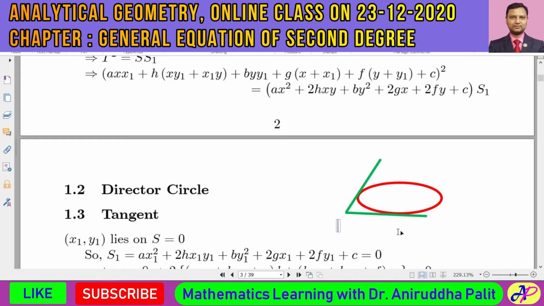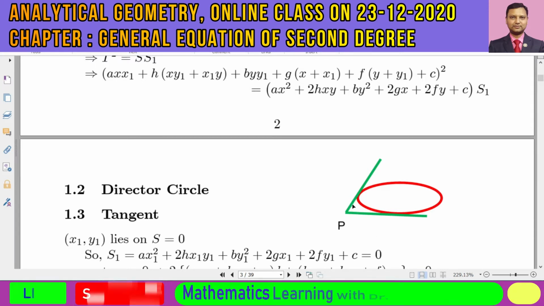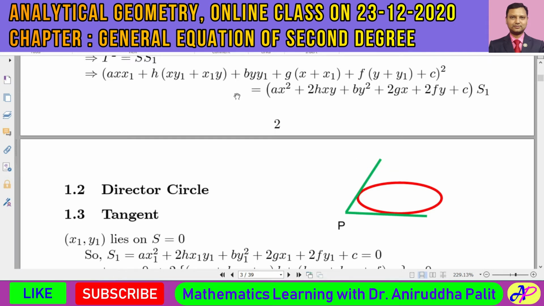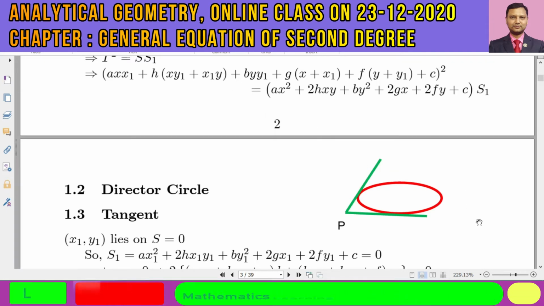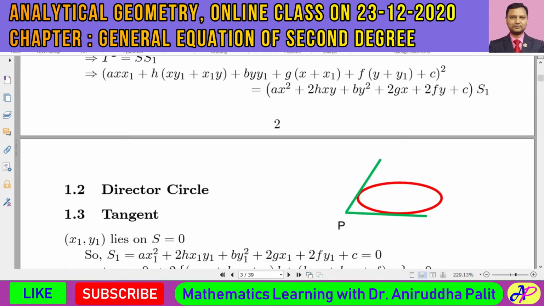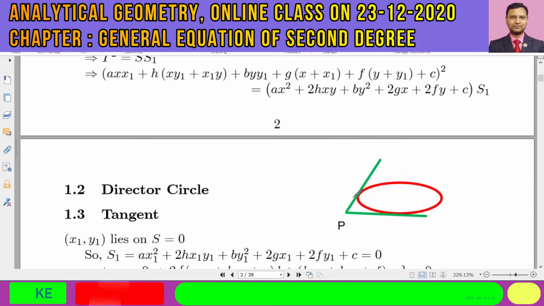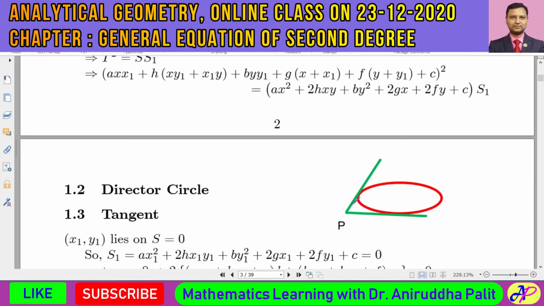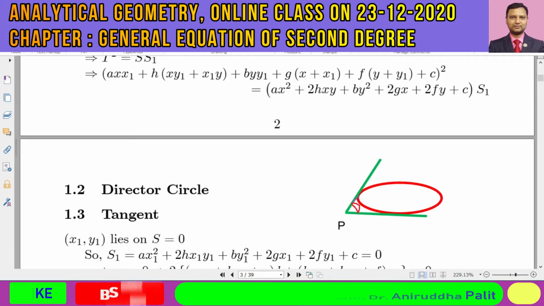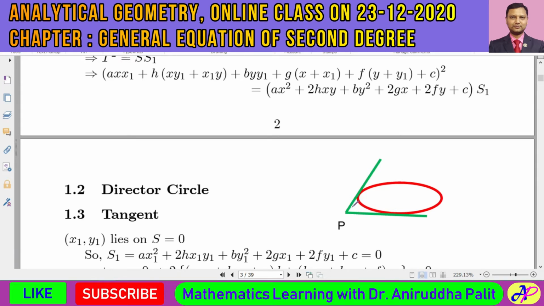Suppose this is the point capital P. From this point, we can draw two tangents, and the angle in between these two tangents may be a 90-degree angle, or may not be 90 degrees.